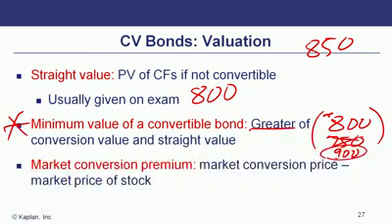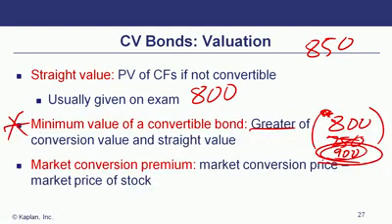So if the price runs up to $90 a share, the value of the bond, if it were just a straight bond, is still 800. The value of the stock, if you convert it, is 900. So now the greater of these two things is 900. So the minimum value is the greater of the straight value of the bond or the conversion value of the stock. I would pay attention to make sure I knew what was going on there.